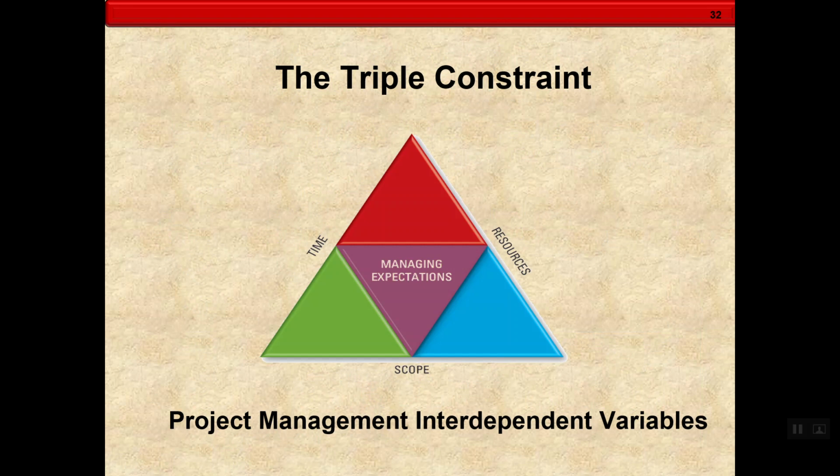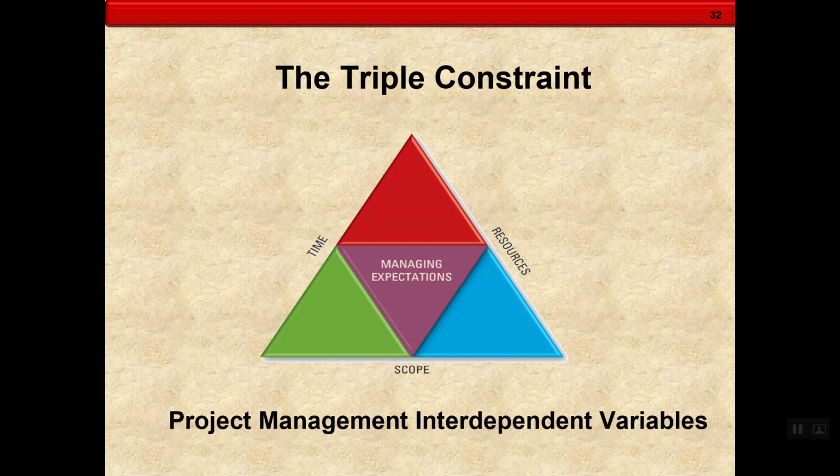Those are the three things that a project manager needs to keep basically under control, understanding where things are at from a timeline perspective, what is happening in terms of resources, and what is happening in terms of work, in terms of the scope.